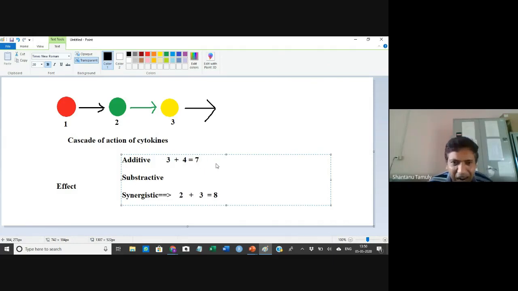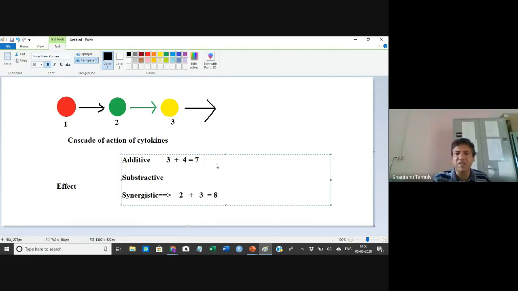Here I'm talking about units, but actually there is no unit as such. Just for understanding I'm using the word units. Additive effect means this will add. Subtractive means this will decrease the effect. Say one cytokine is causing proliferation, another will decrease the proliferation.